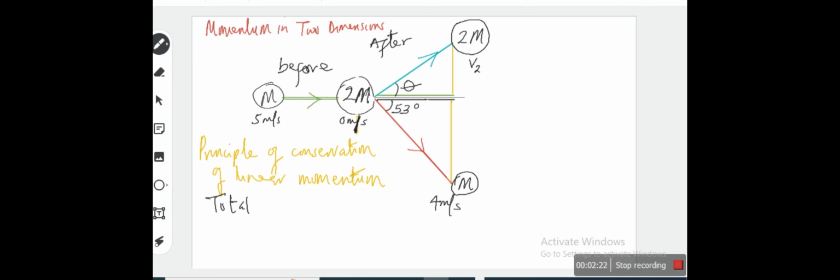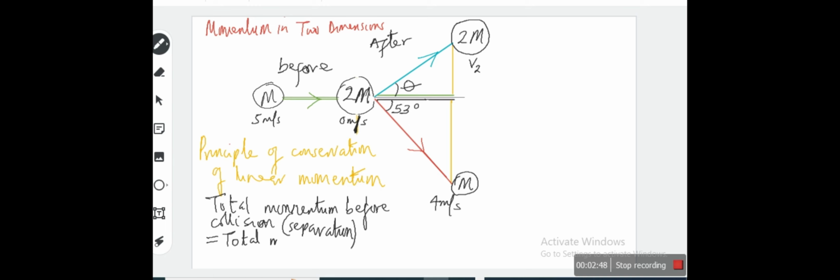Total momentum before collision or separation, because the two objects can be together and then they separate. So total momentum before collision or separation, as the case may be, is equal to total momentum after collision or separation, as the case may be.